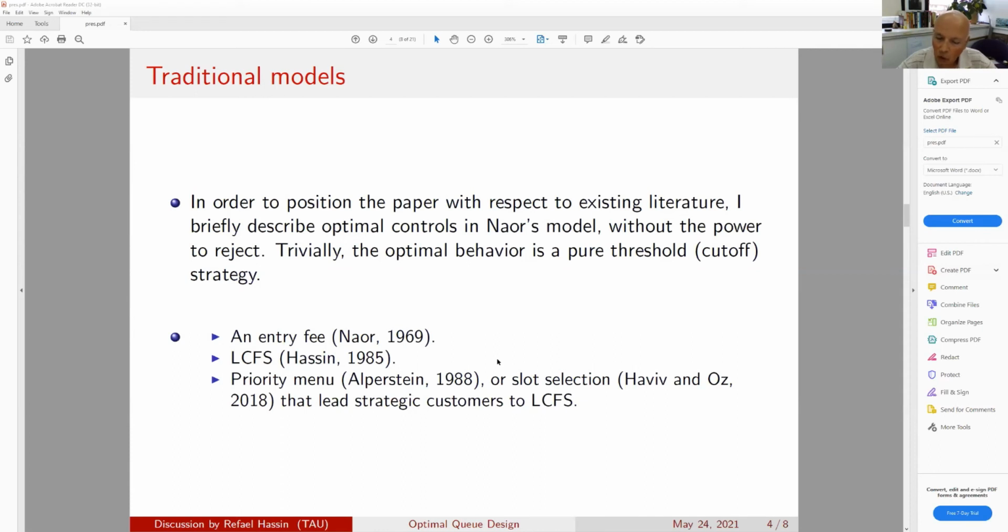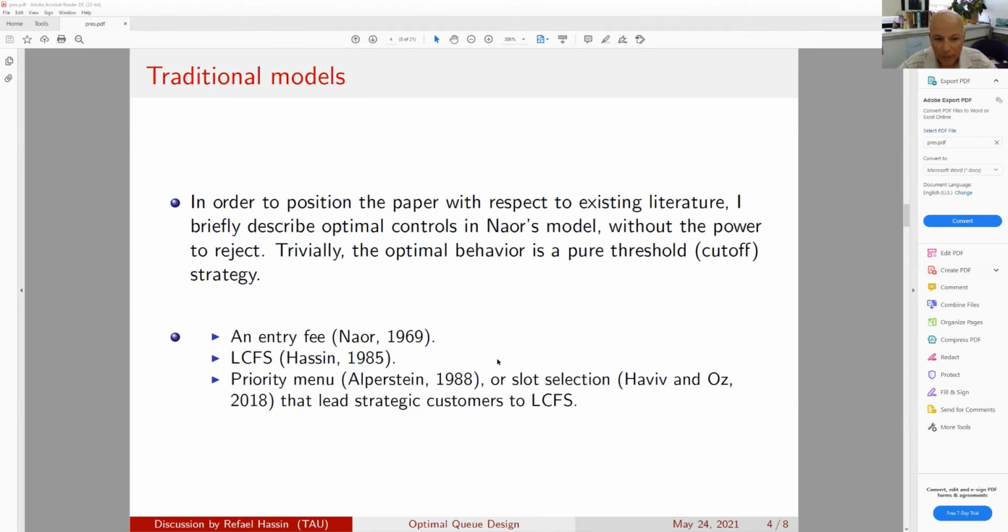In this case, all arrivals join the queue, and the one who makes the decision is the one who arrived first and is now positioned last in the queue. The main point is that the decision of the last one in the queue involves no externalities at all, because he's the last one, he will stay the last one, and nobody else cares if he leaves or not. So his decision is identical to the social decision, and by imposing a last come, first served regime, we don't have to do anything, and the queue will behave in an optimal way.